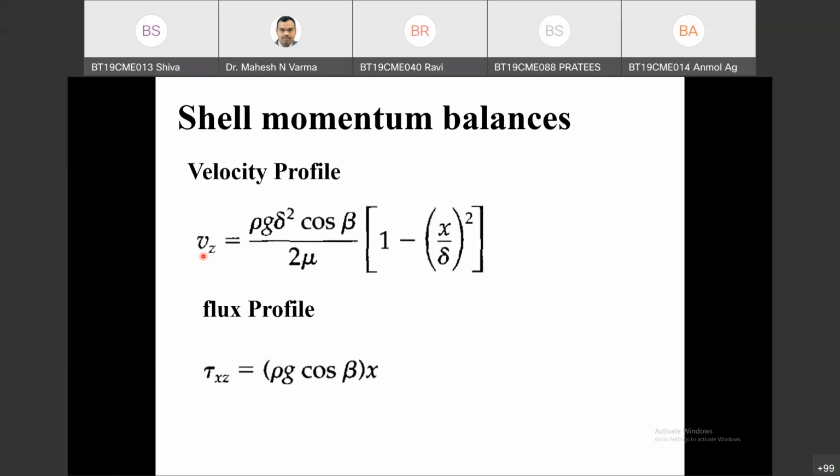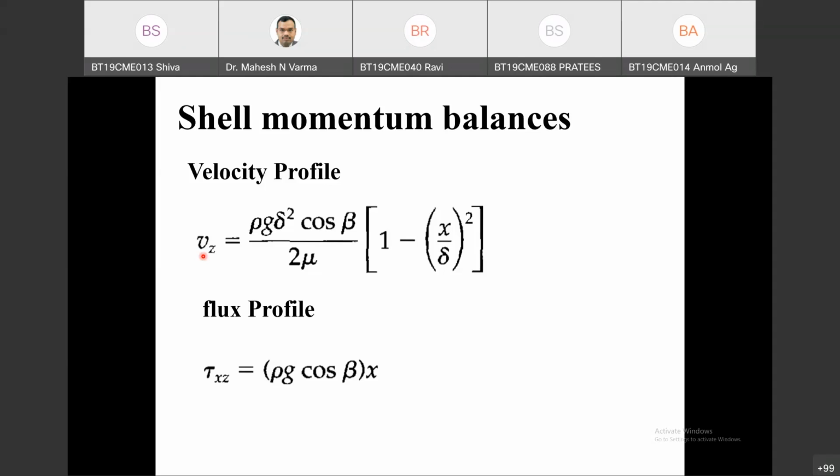Say Vx is non-zero, Vy is non-zero, Vz is non-zero, and each is changing in x, y, z direction. How many boundary conditions are needed? Yes, sir. 18 boundary conditions.